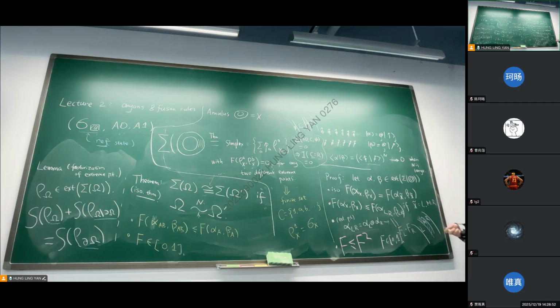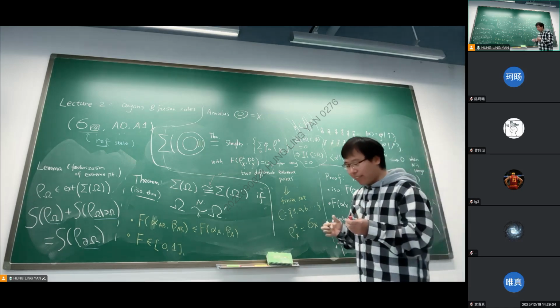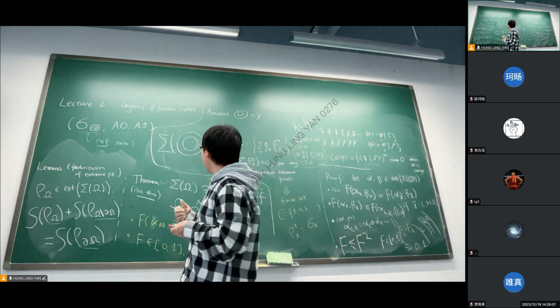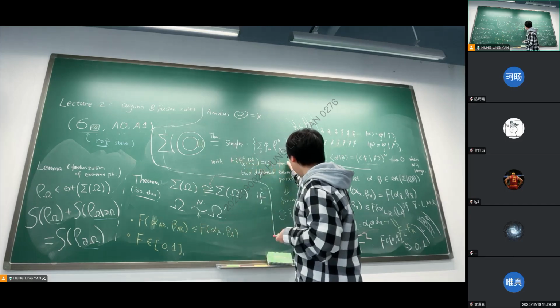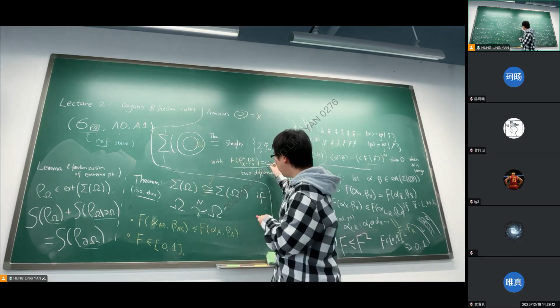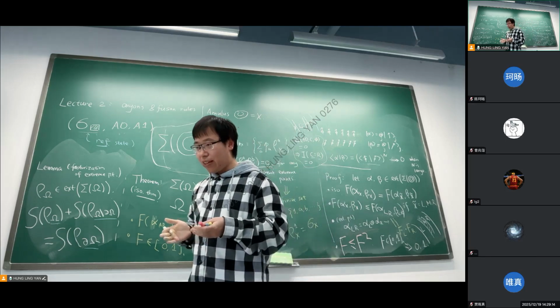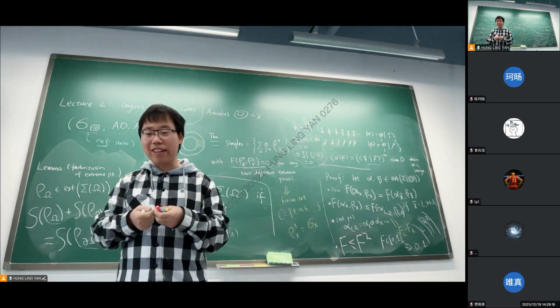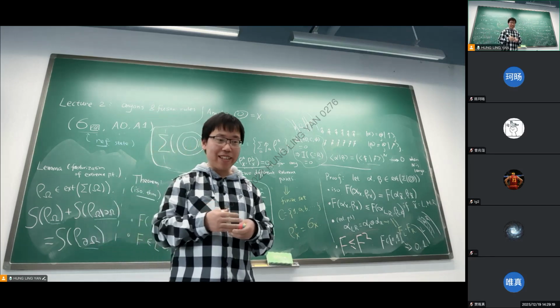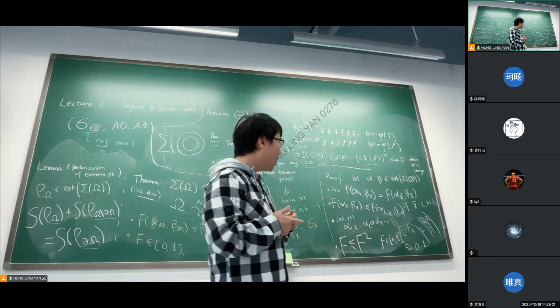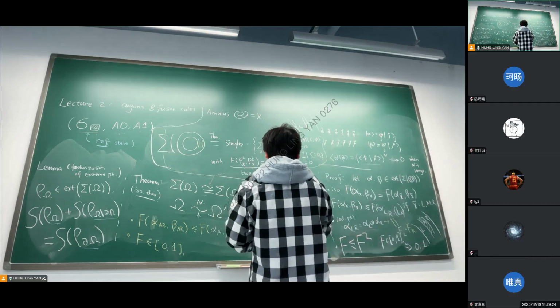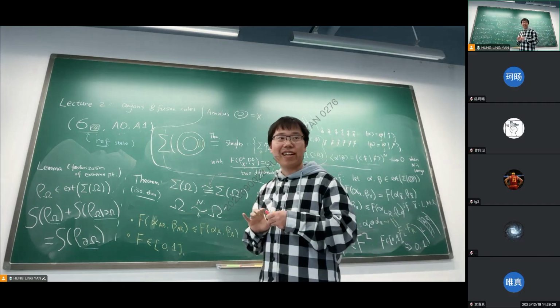The only solutions we have are f equal to 0 and f equal to 1. When the fidelity is 0, the two states are orthogonal. The other option is that the fidelity is 1, which means the two states are identical, exactly the same. So that's the main proof sketch.